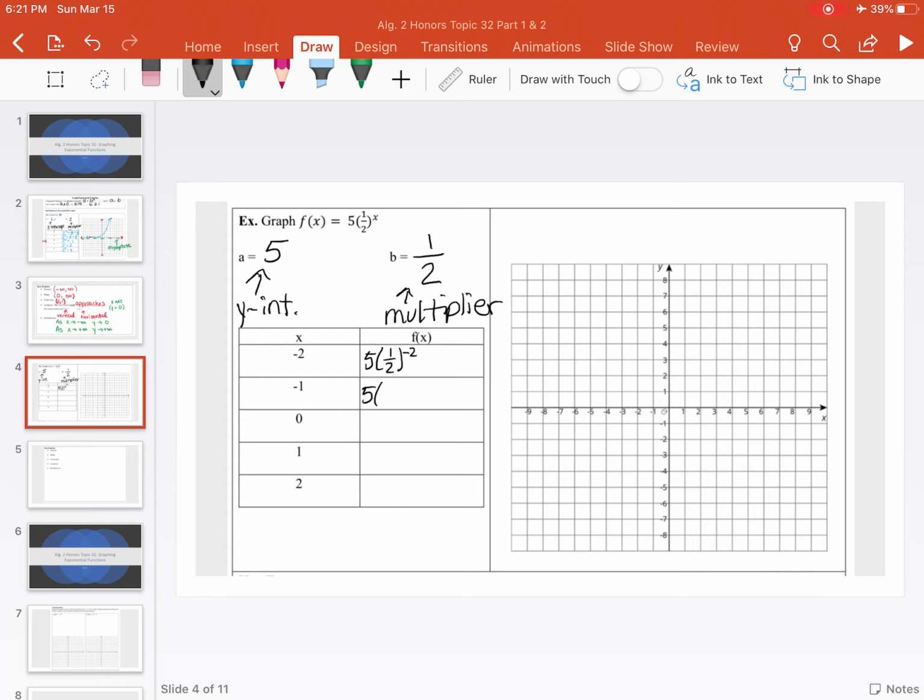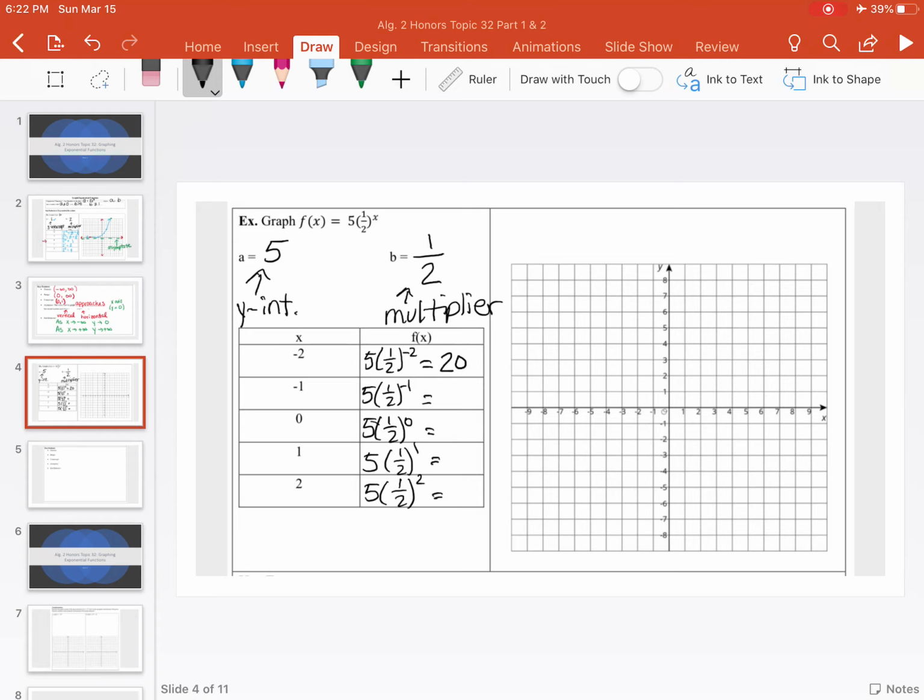We'll have 5 times 1/2 to the negative 1, 5 times 1/2 to the 0, 5 times 1/2 to the first, and 5 times 1/2 squared. So these are going to give us all of our values. If we simplify this using our properties of exponents or also on our calculator, we're going to get 20.